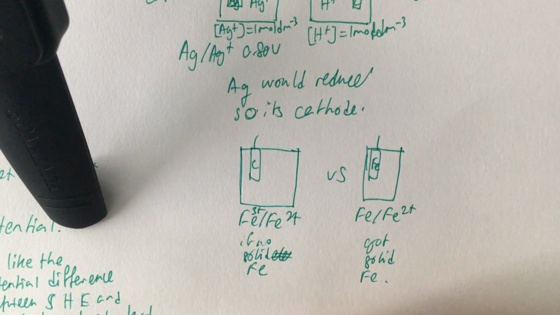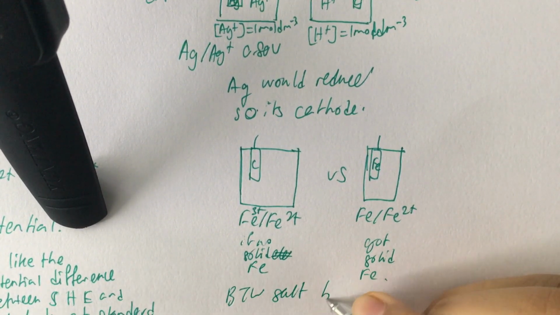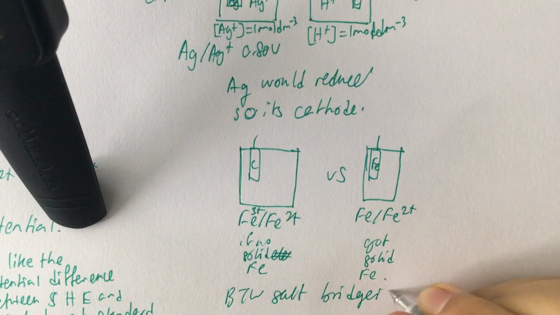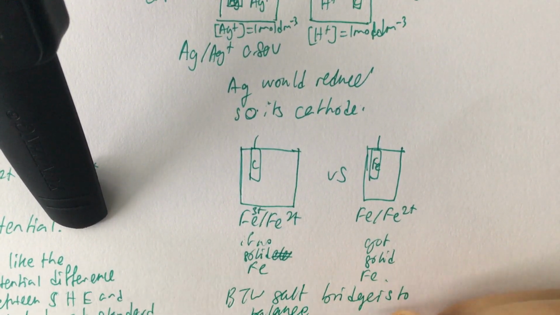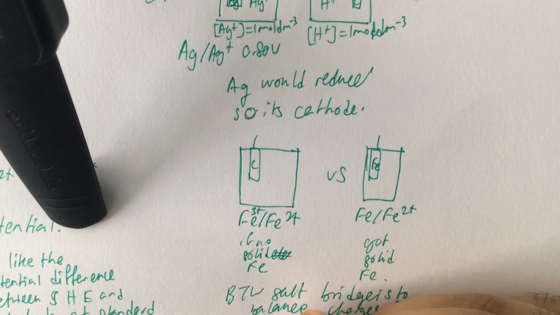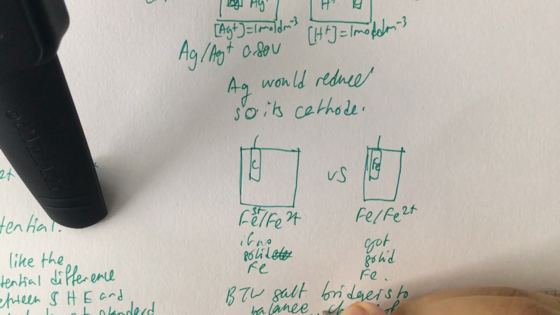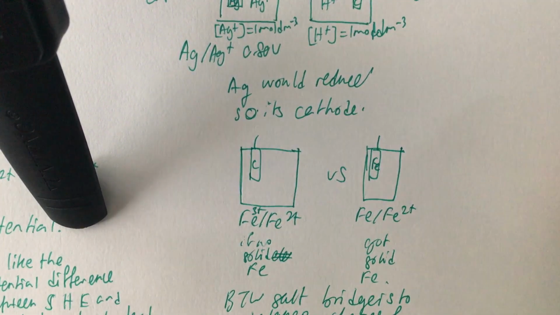So maybe you use something like sulfate or nitrate anions, because they don't really react in the electrochemical cell. So in a way you can understand how this works.